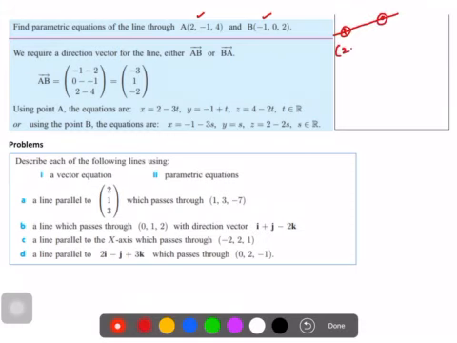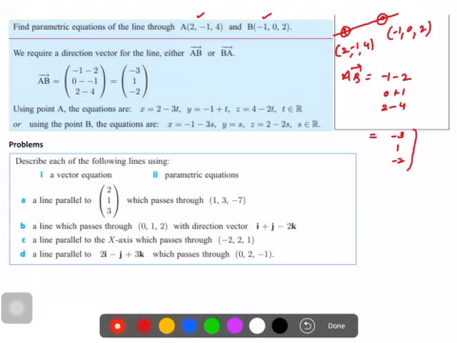That's the situation here: A is (2, -1, 4) and B is (-1, 0, 2). So as I explained before, vector AB is -1 minus 2, 0 minus (-1), so plus 1, and 2 minus 4. So you get -3, 1 and -2. This is your vector AB.